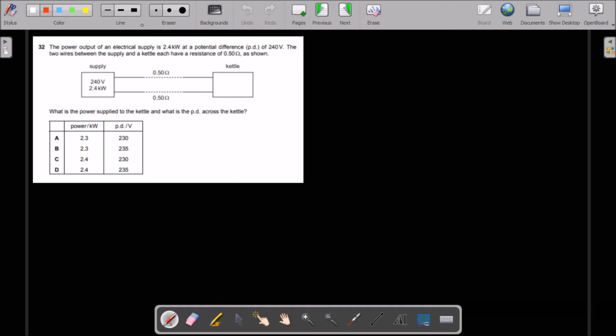First of all, I use P equal to IV. The power of the supply is 2400 watts, I is not given, and the potential difference is 240. So I will be 10 ampere.